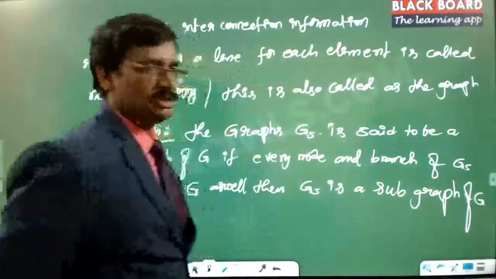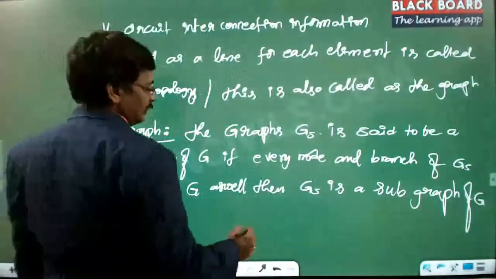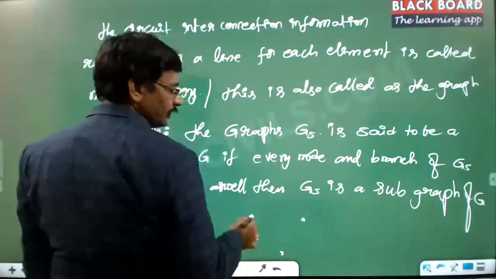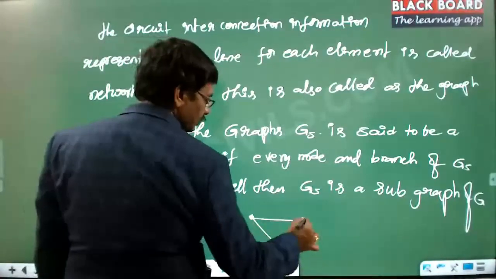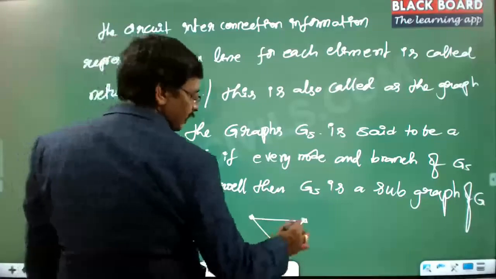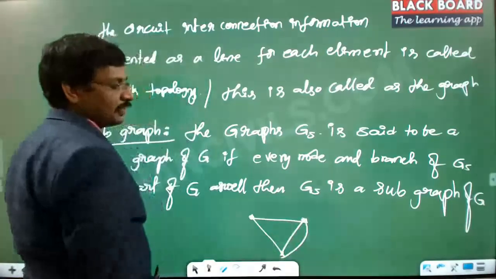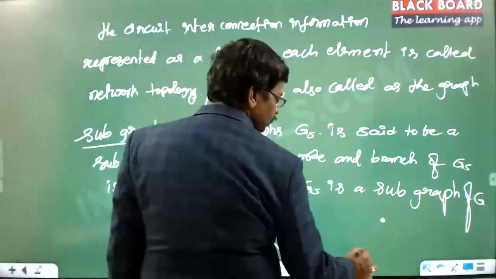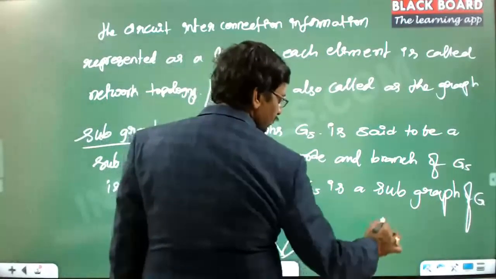So suppose you take one node here, one node here, and one node here, and these are interconnected like this. Now I take only this particular portion: these two nodes, and this one line and this one line.